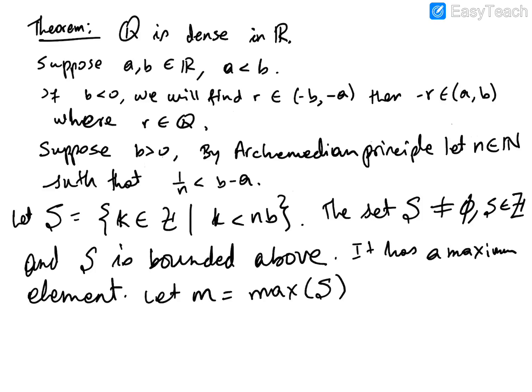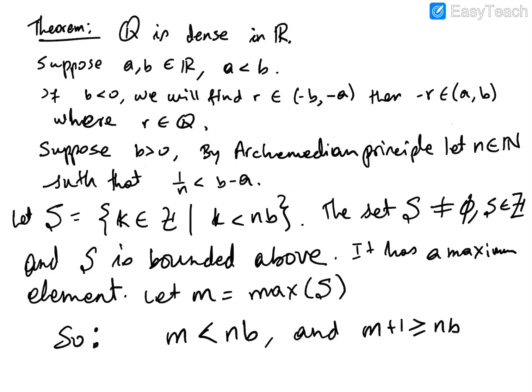Okay, so we have two things going. m is less than nB because it's an element of S. Okay, and if you add 1 to it, it is greater than or equal to nB. Likely greater than, but it could be equal to nB. Okay? Well, what does this mean? This means that m over n is less than B. And if you divide by n, m over n plus 1 over n is greater than or equal to B. Okay?